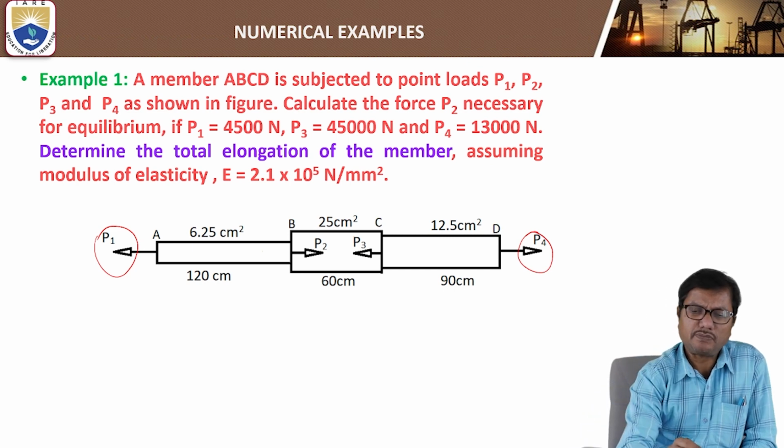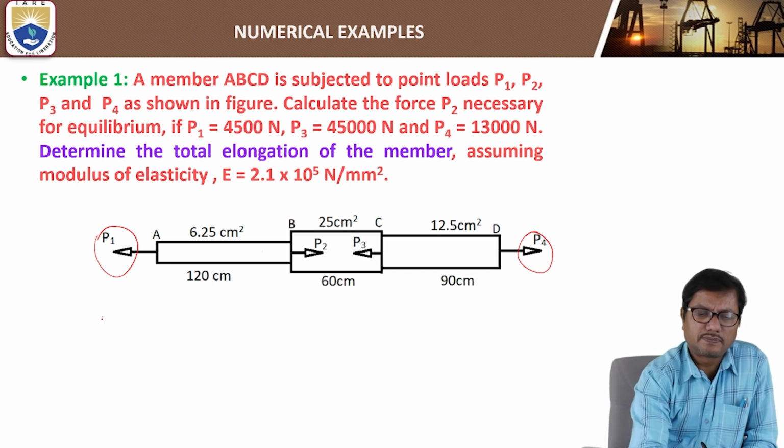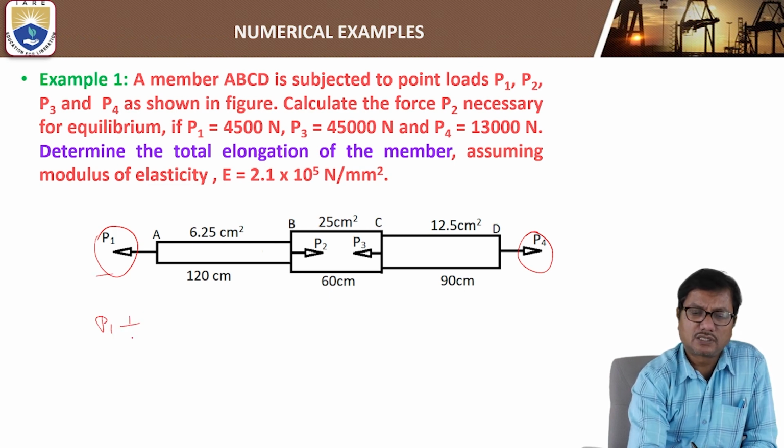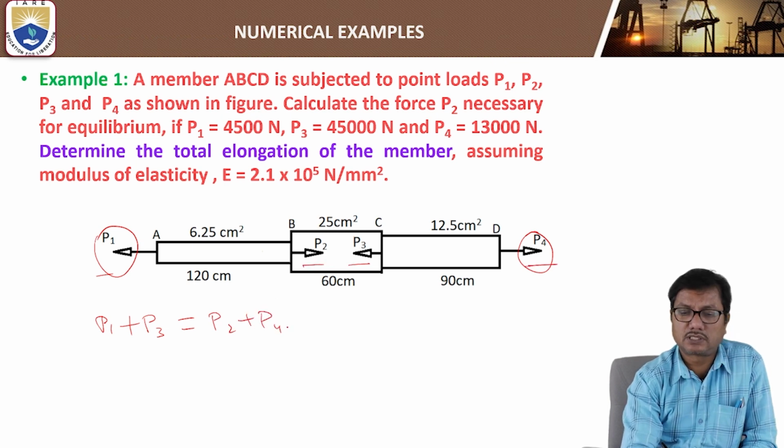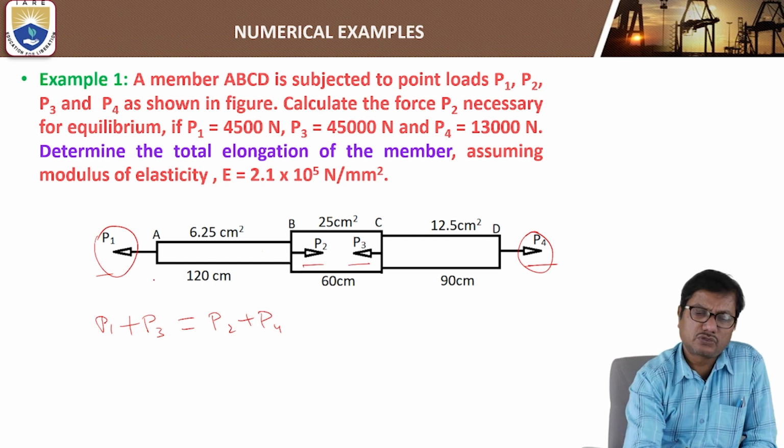P1 and P3 are acting towards left, so P1 plus P3 must be equal to P2 plus P4, the forces acting towards right. To satisfy this condition, you need to find out P2.